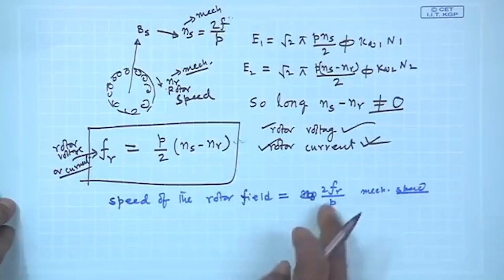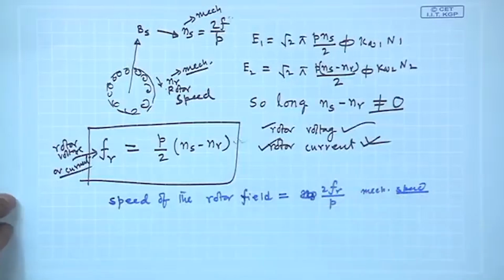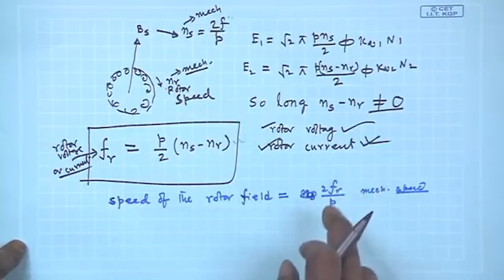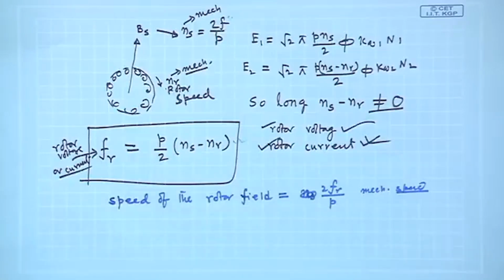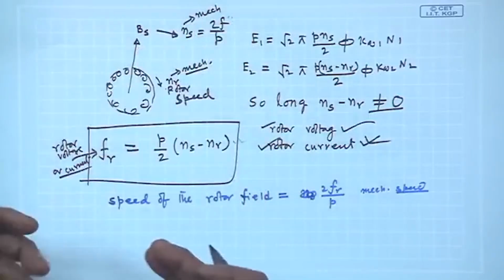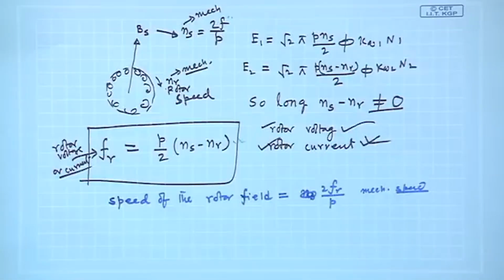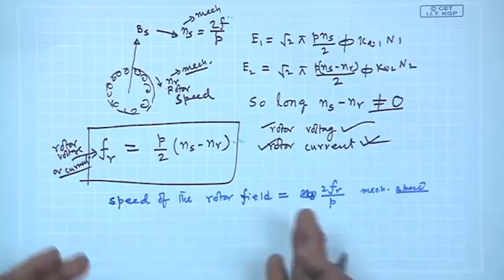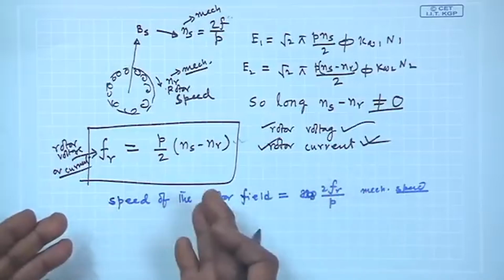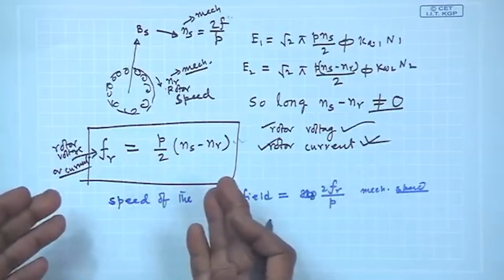If the rotor current frequency is f r, the speed of the rotor field is 2 f r by p, because the frequency of the balanced 3 phase current is f r. For the stator, the frequency of the current is f, so the stator field speed was 2 f by p. Now it must be 2 f r by p, it is no longer f, because the machine has picked up some speed.